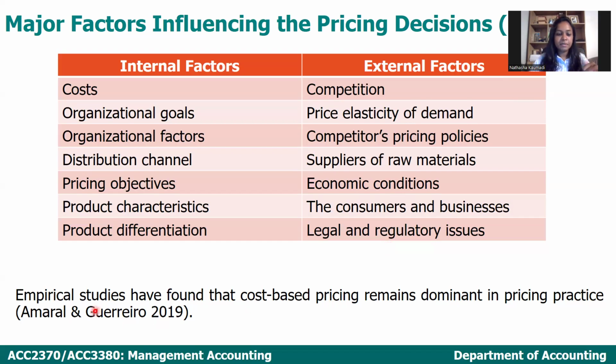Now it says here, look at this point. Empirical studies have found that cost-based pricing remains dominant in pricing practice. Now, out of all the factors we discussed, what is the dominant factor? Cost-based pricing.